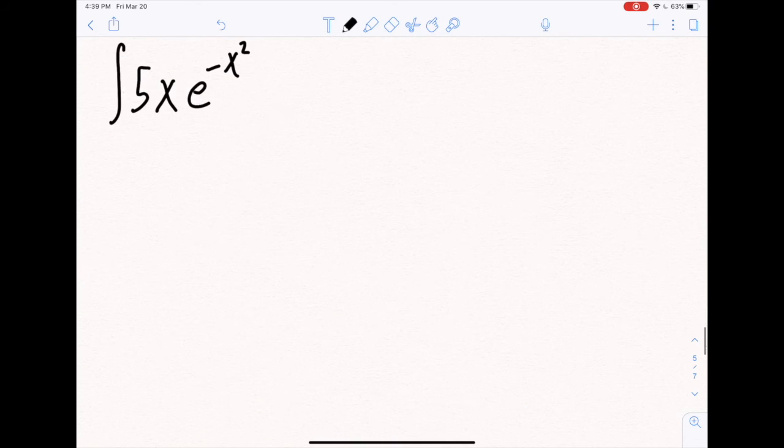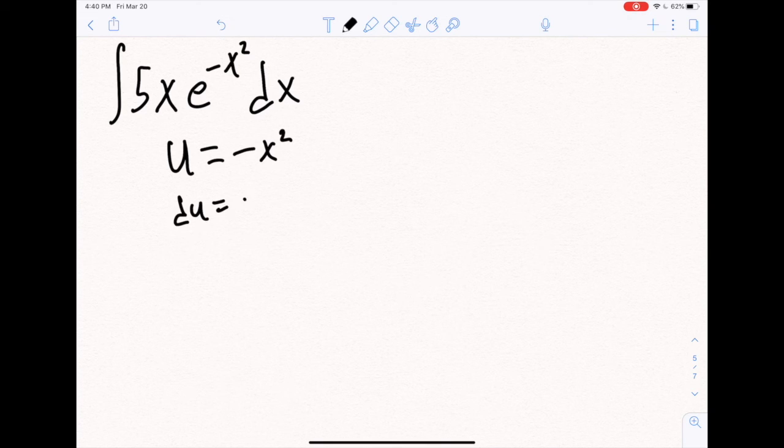And our last example for this video is we want to find the integral of 5 times x times e to the minus x squared dx. Again, because we're dealing with something unusual in the exponent, we need to use u substitution. So let's let u equal minus x squared.